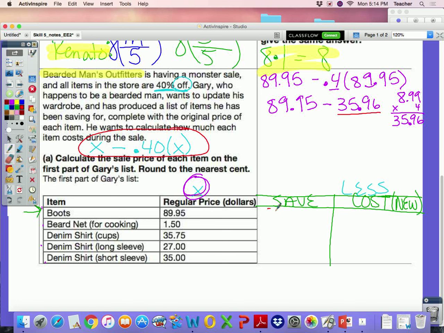So see how I added this saved box here? I want you to add that in every step so you don't forget. That's how much we're saving, not how much we're spending. So to figure this out, now we just have to do the math. So we have $89.95 minus $35.96. Now these boots for Gary are only going to cost him $53.99.